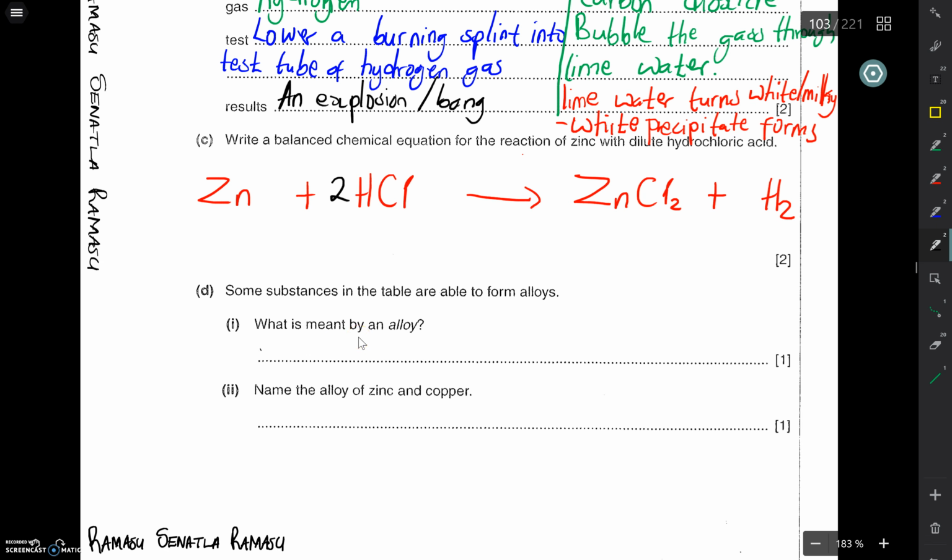An alloy is a metal formed by mixing 2 or more metals. And part 2 says name the alloy of zinc and copper. This is brass. The alloy of zinc and copper is named brass.